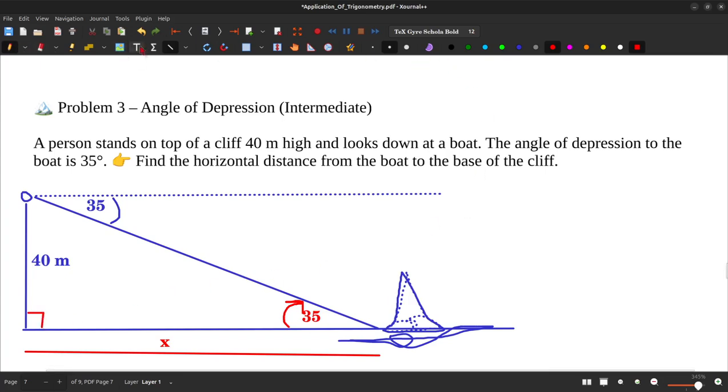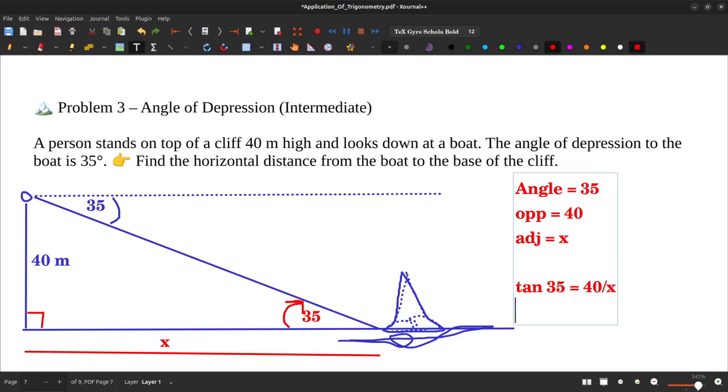Now we have an angle in the right angled triangle, 35 degrees. We also have an opposite side, which is 40 meters, and an adjacent side, which is x. From there, OA, it's tan. tan 35 equals the opposite over the adjacent, 40 over x.